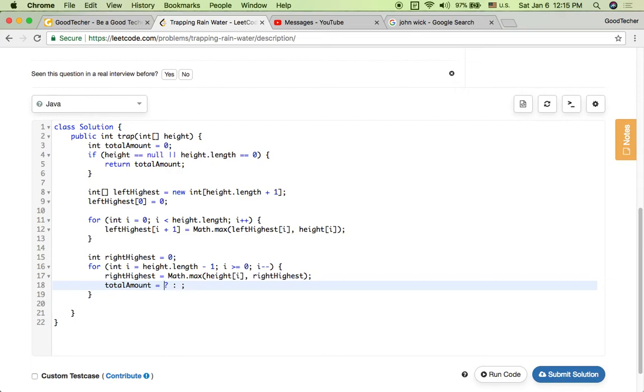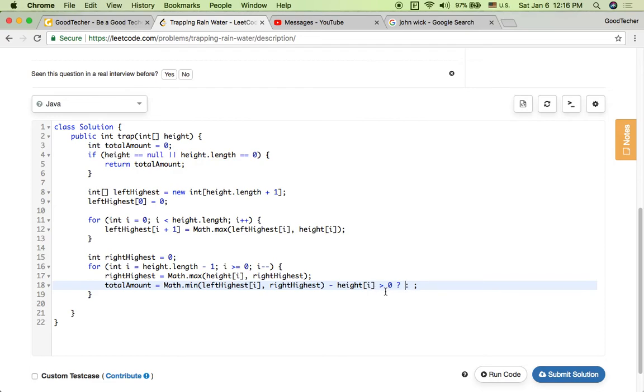So if Math.min of the left highest for this i position and the right highest, their minimum value between these two values minus the current height value is greater than 0, it means the minimum of the left side and right height, there's a bar on the left or on the right that is taller than the current bar.